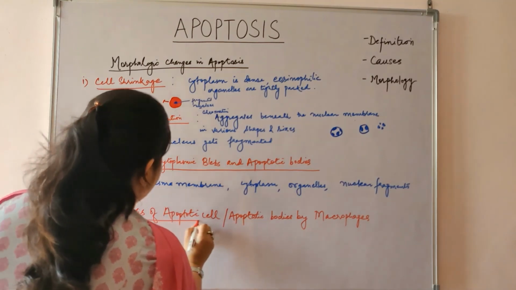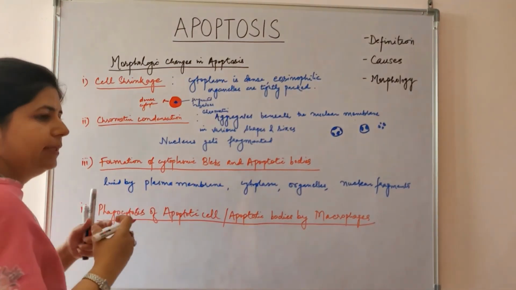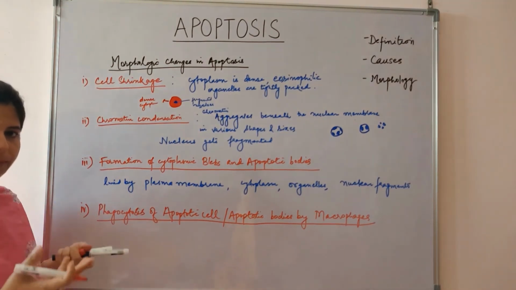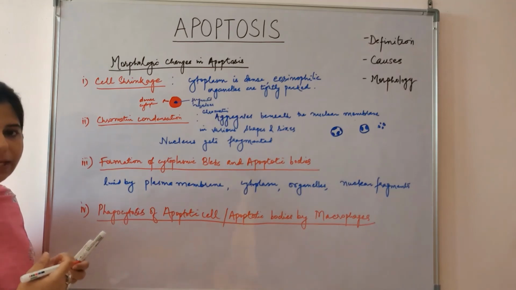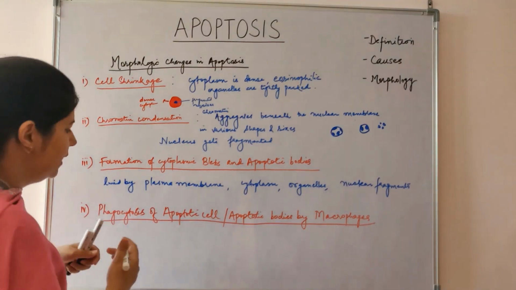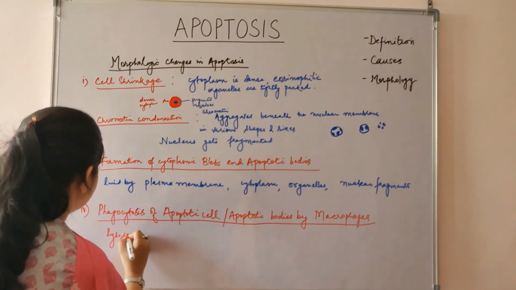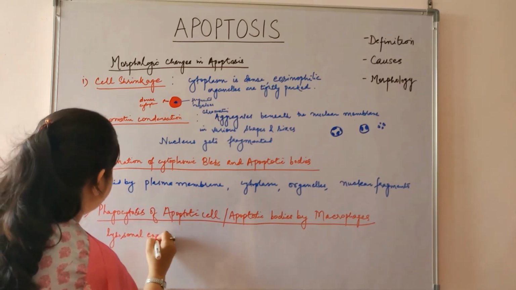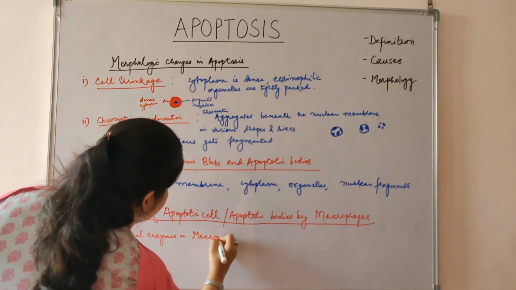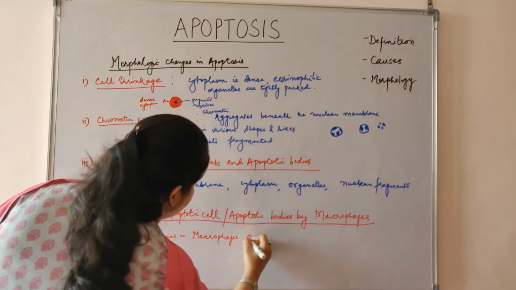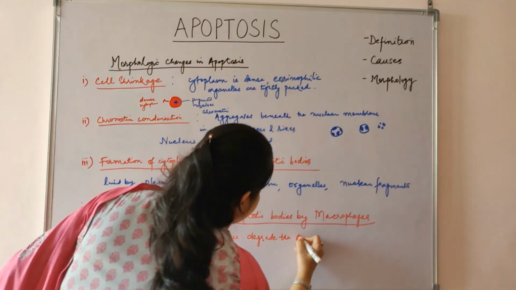In the apoptotic bodies, phosphatidylserine is expressed on the outer aspect of the membrane. So these are easily identified by the macrophages and they are rapidly cleared by them. The lysosomal enzymes in the macrophages degrade the apoptotic bodies.